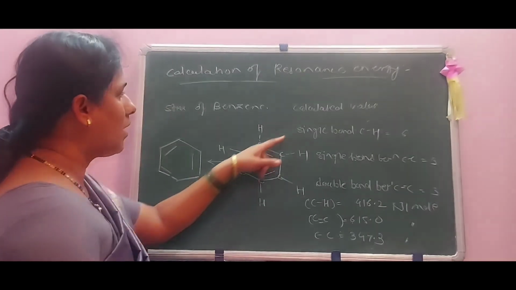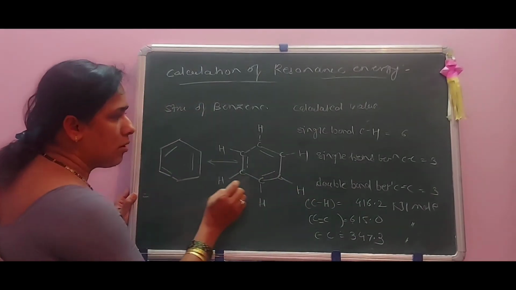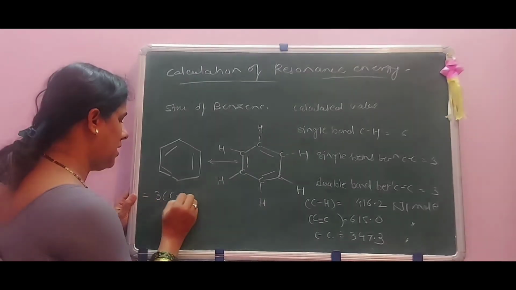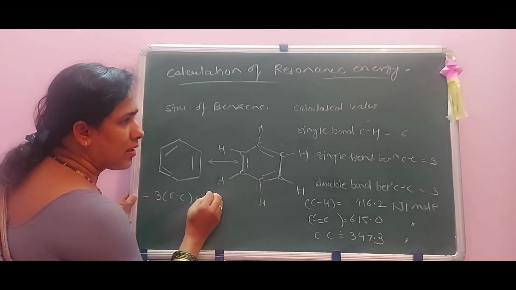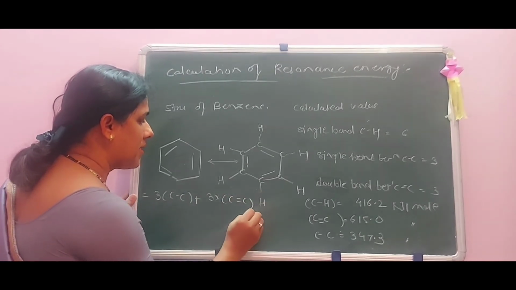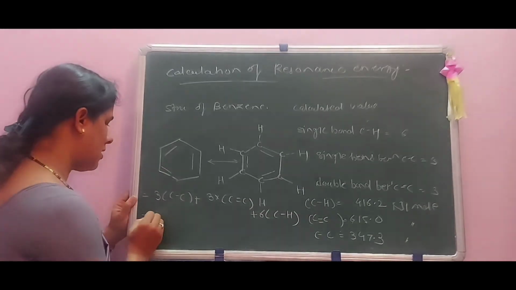Now we can calculate the value. That is 3 into C-C plus 3 into C=C plus 6 into C-H.